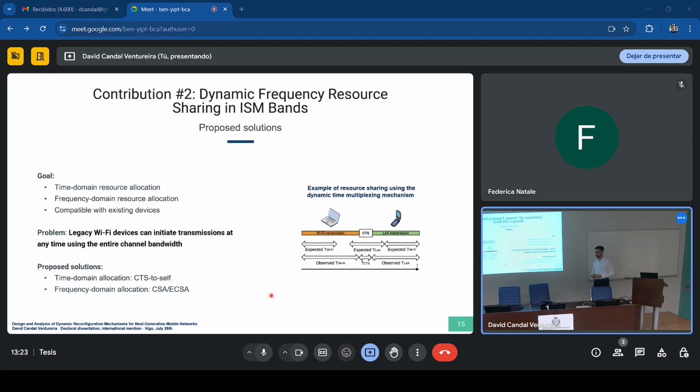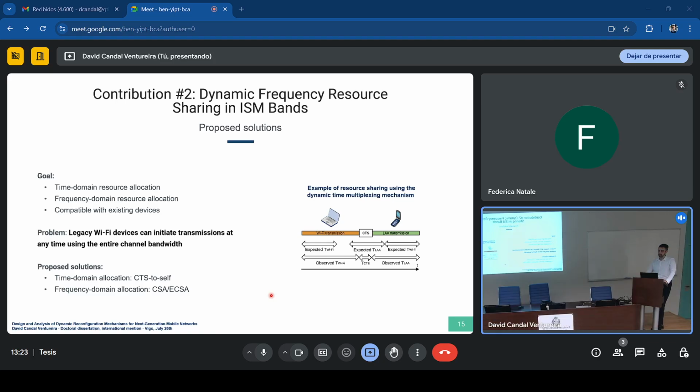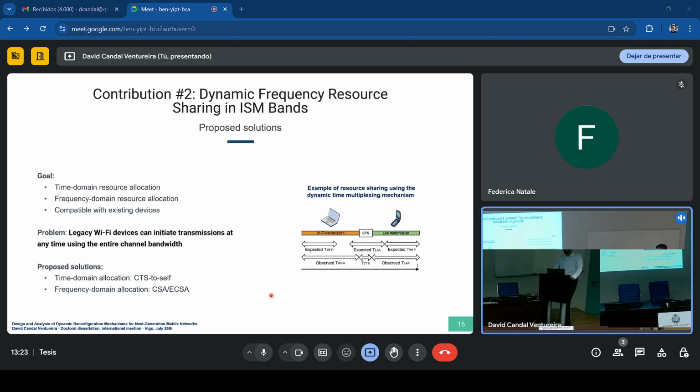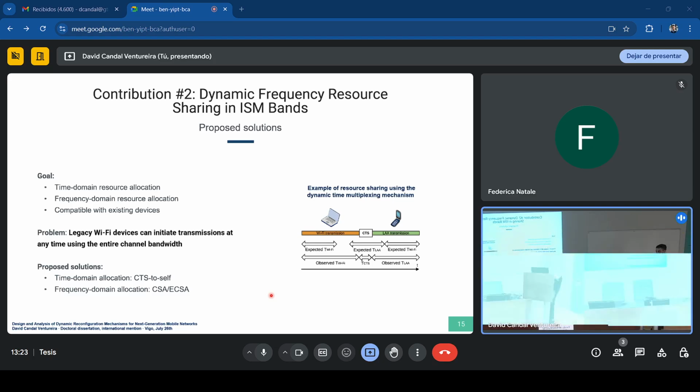It does not prioritize ongoing traffic. The thing is that by itself, the CTS uses the same IFS, the time that Wi-Fi devices defer before starting a transmission to check if the channel is idle, the same IFS as data.